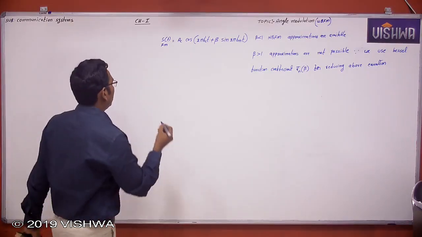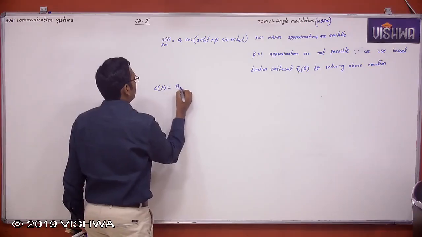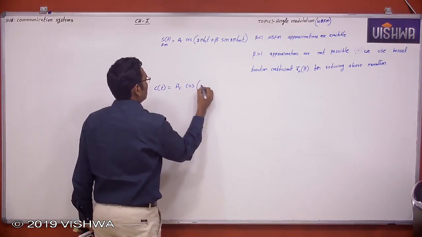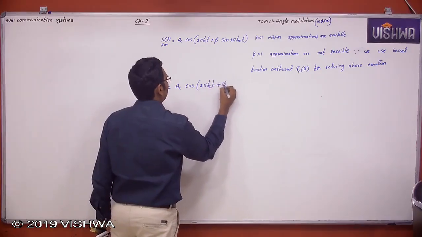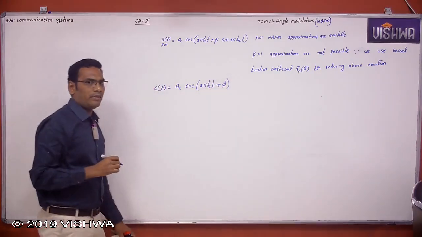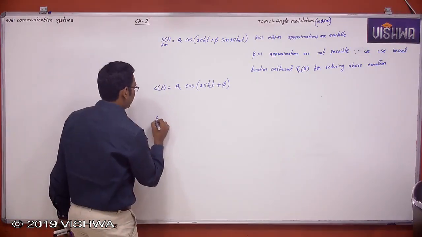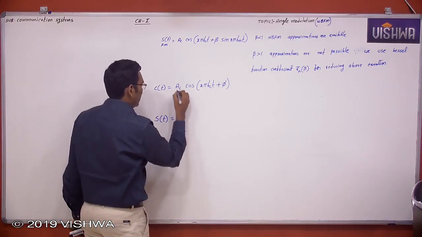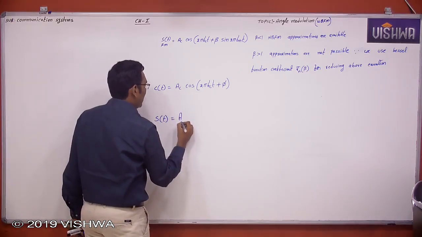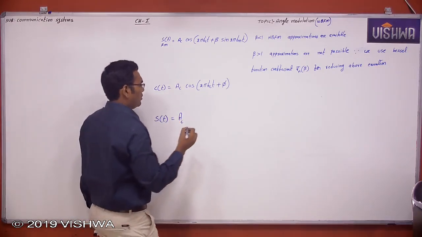So for better understanding, I can write it like this: c of t equals Ac cos 2 pi fc t plus phi. This is the carrier before modulation. What is the amplitude of the carrier before modulation? Ac. What is the amplitude of the carrier after FM modulation? Ac only. There is no change in amplitude. Am I right or not?